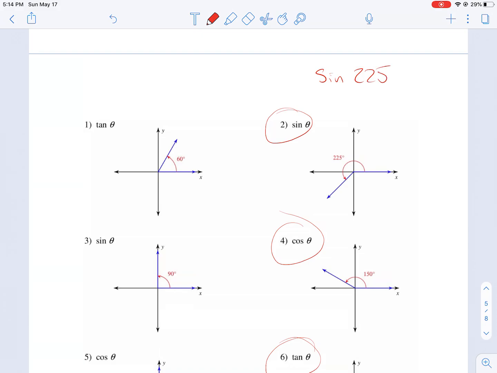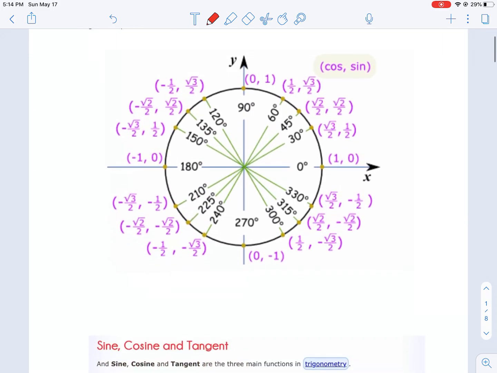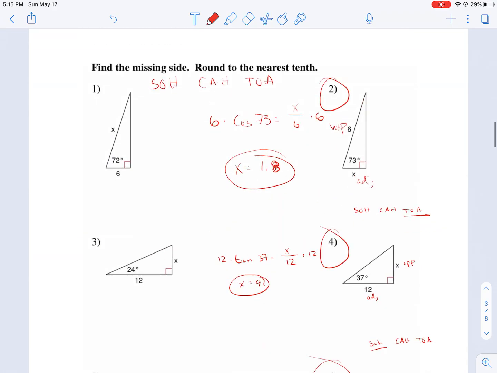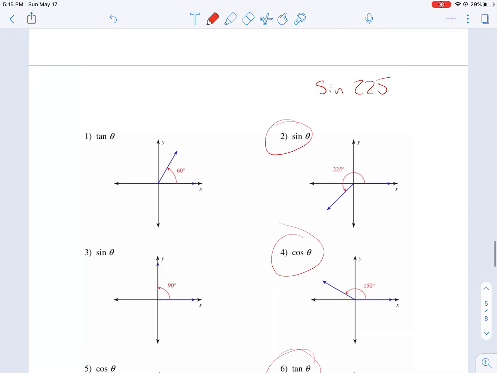Now, if we scroll up to 225, what's our sine value? Well, it's our y value, so it's negative square root 2 over 2. If you're using the unit circle, you just go up there and check it out. Now, let's do it the brute force way.